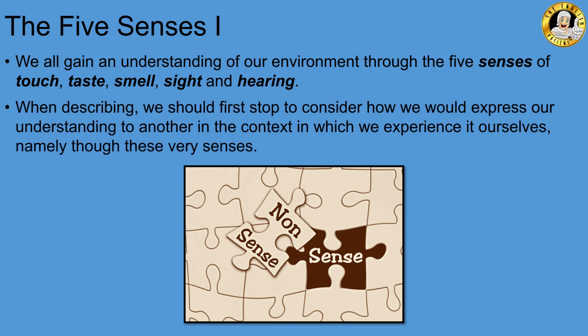When you're describing something, you should stop to consider how we would express our understanding to another person in the context in which we ourselves experience it. And the way we experience it is through these very 5 senses.